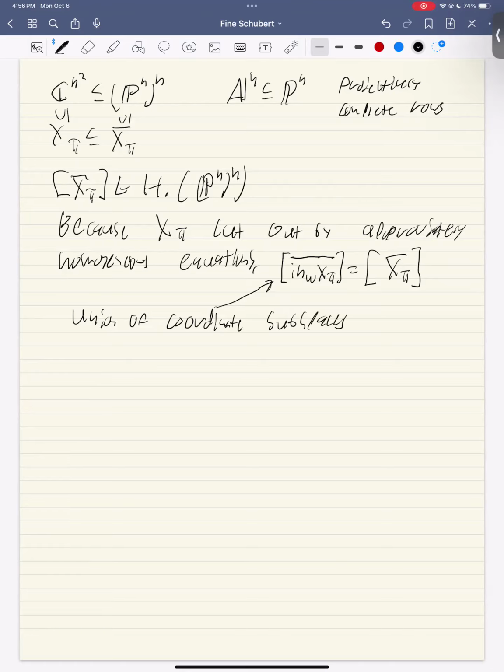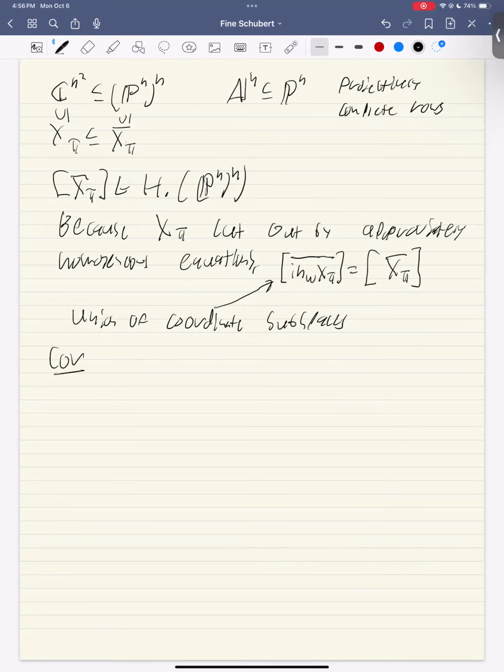And so we get a formula. For a union of coordinate subspaces, it's very easy to compute what the homology class is. So we get a formula for the class of the closure of x pi in the homology of the product of projective spaces.